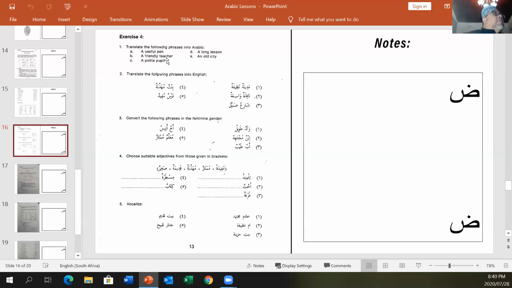Question: with regards to question B and question C, how do we know when it's male and when it's female in that context? Zahir's question is, if you look at friendly teacher, how do we know whether they are requesting you to answer masculine or feminine?